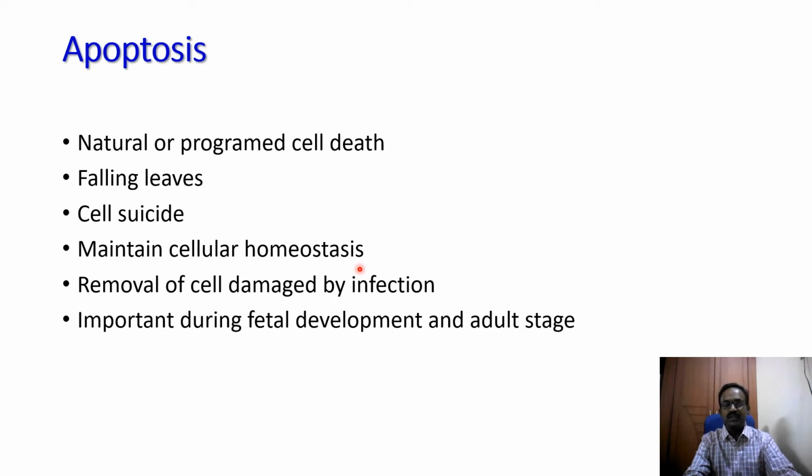An equal number of cells die by apoptosis. So it maintains cellular homeostasis, and it removes unwanted cells damaged by infection like virus or toxin. It is important during fetal development and adult stage.